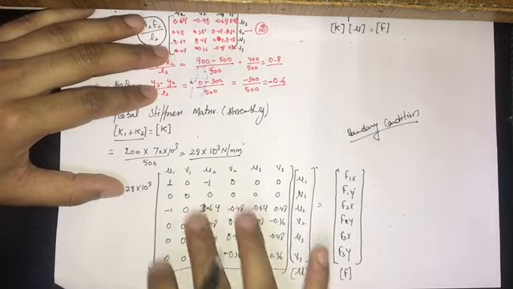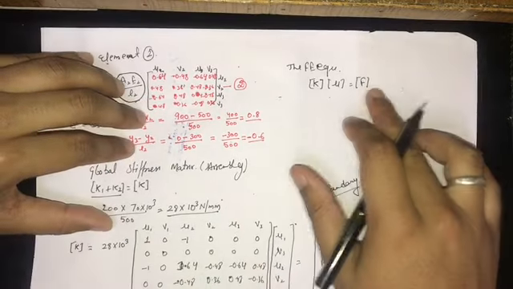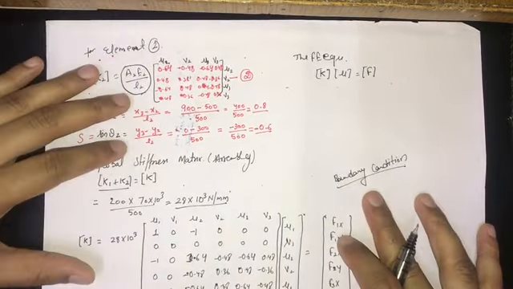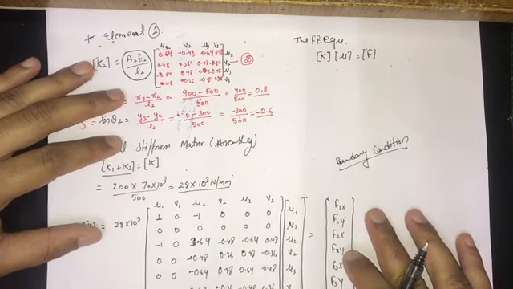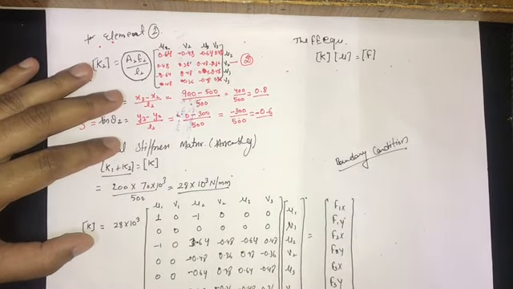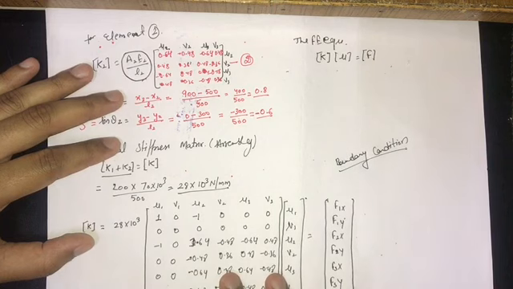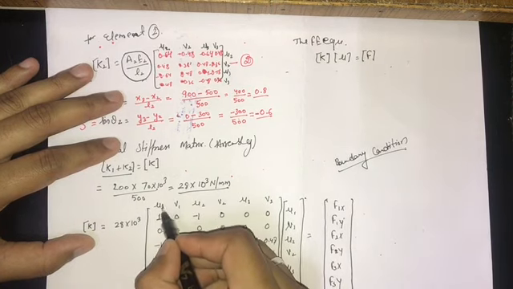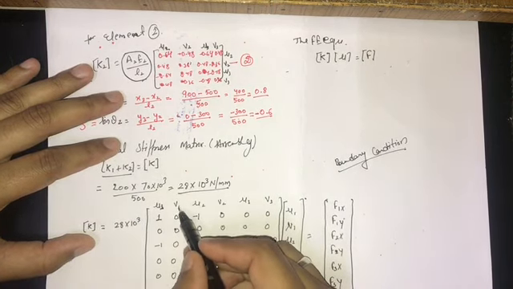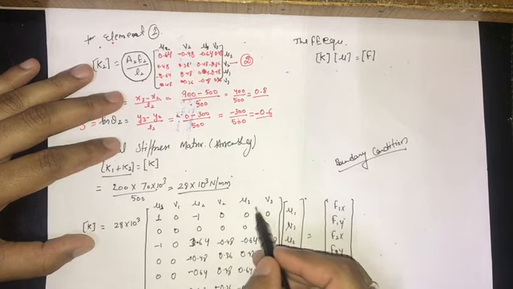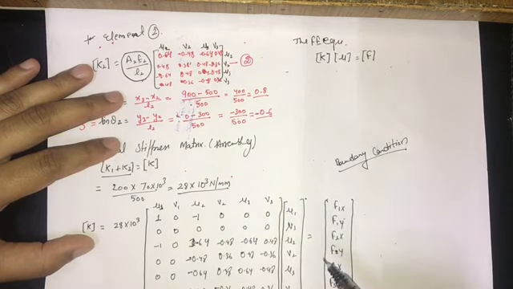First we have to make this in this formation, then we will apply the boundary conditions here. So this is the stiffness matrix written here. So this is again U1, V1, U2, V2, U3, V3. Similarly we write the U value, the displacement vector.